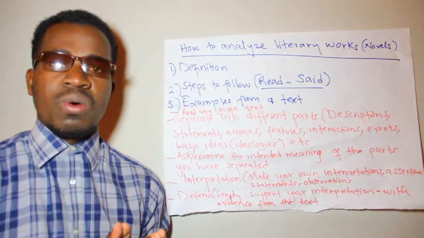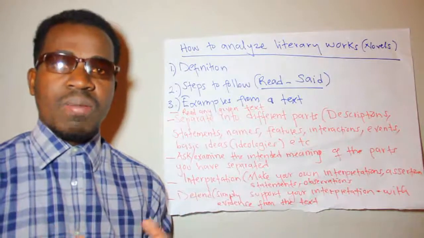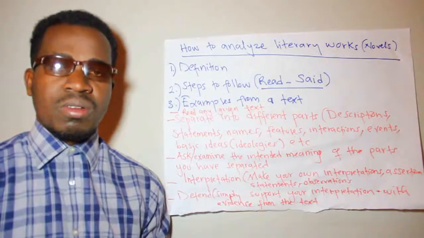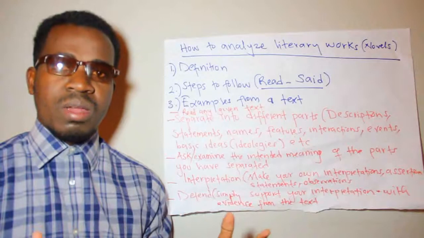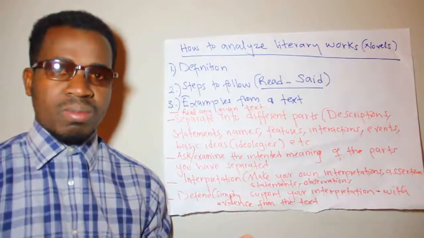READ stands for normal reading, where one has to read a particular piece of work, and then SAID stands for S, which is to separate that piece of literary work into different parts.